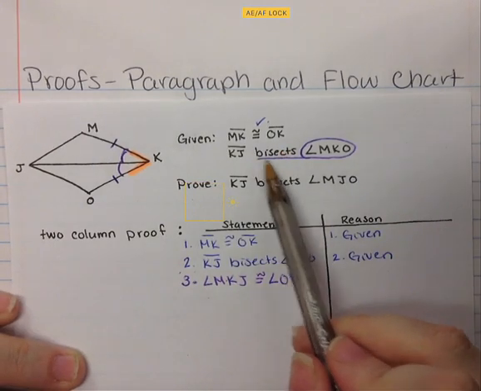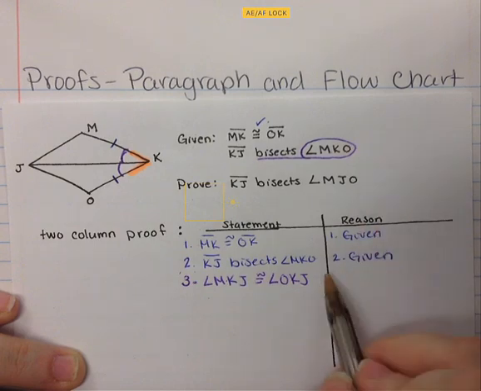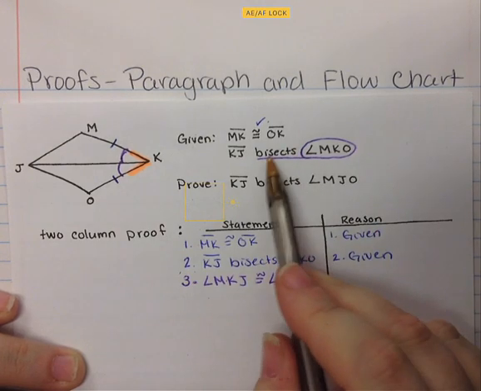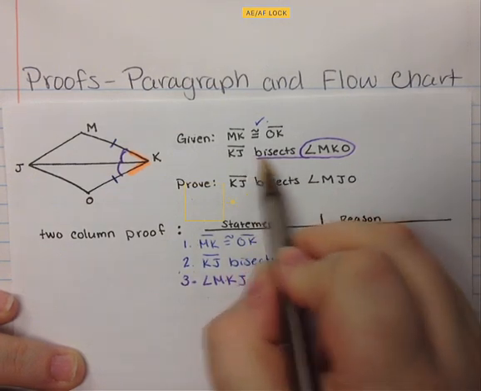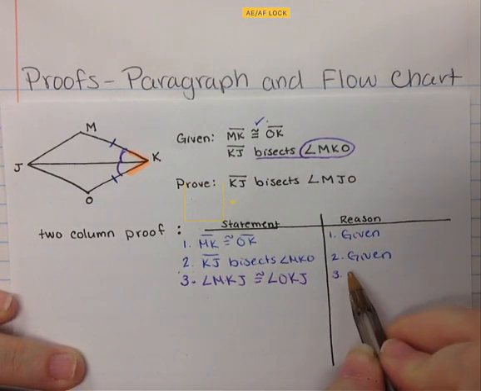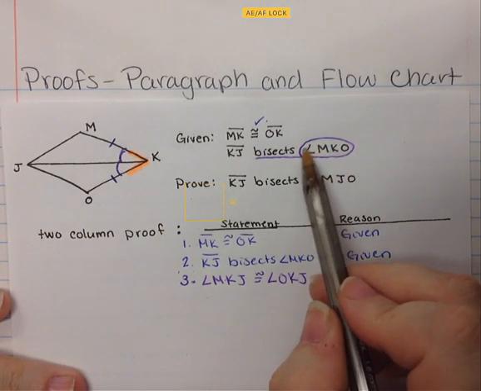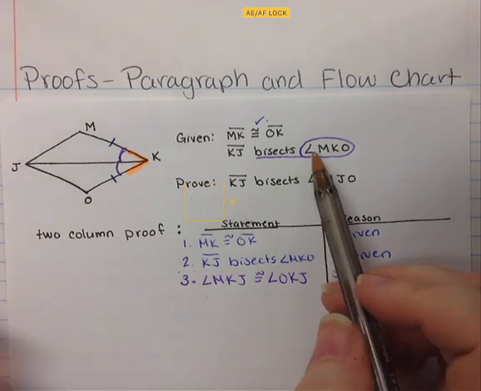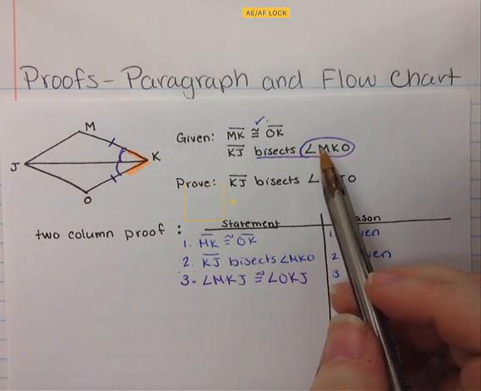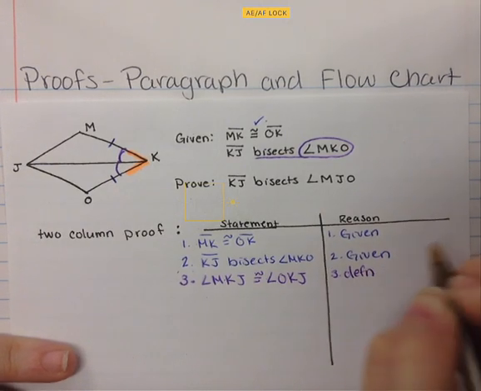Now why was that? It was because of this word bisect. If I underline that word, I have to put in my reason because of that bisect. So reason 3 is because I underlined that word bisect. I have to use the reason bisect. What I circled was an angle, so I actually have to use the words definition of angle bisector. I'm going to abbreviate that as definition, DEFN.